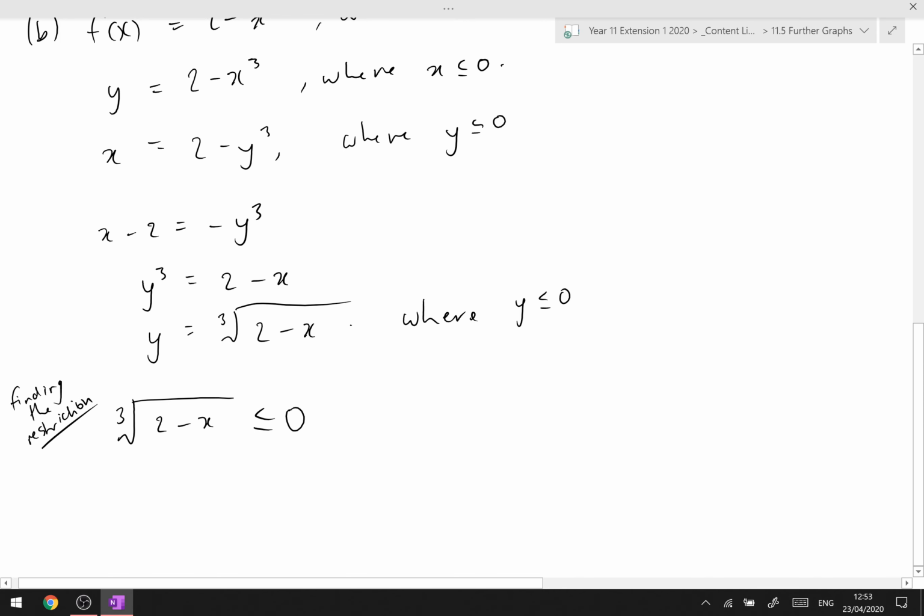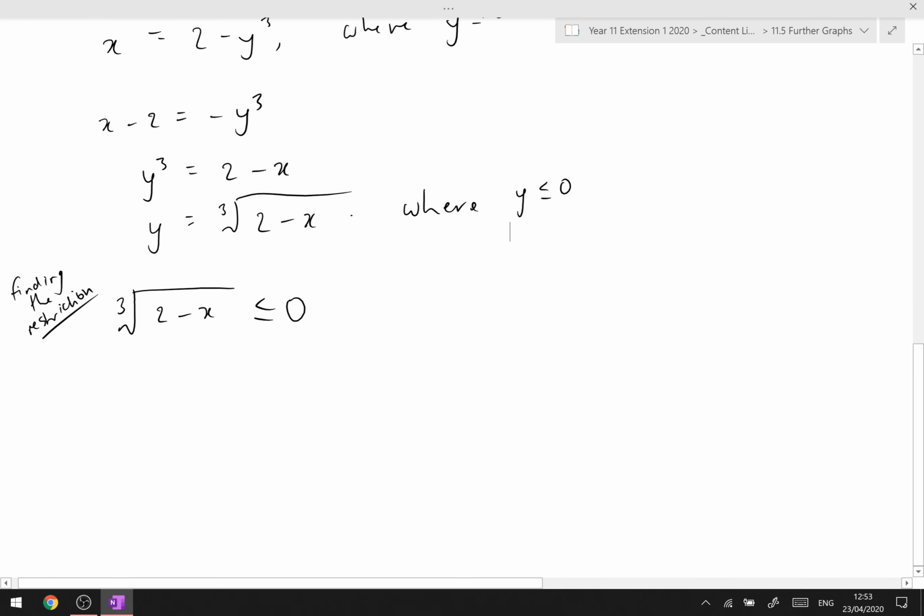So this is to find the restriction of x. To do this, I'm going to take the cube of both sides, which removes the cube root. The cube of 0 is just 0, so 2 minus x is less than or equal to 0. So minus x is less than or equal to minus 2, as I take the 2 across. So x must be greater than or equal to 2.